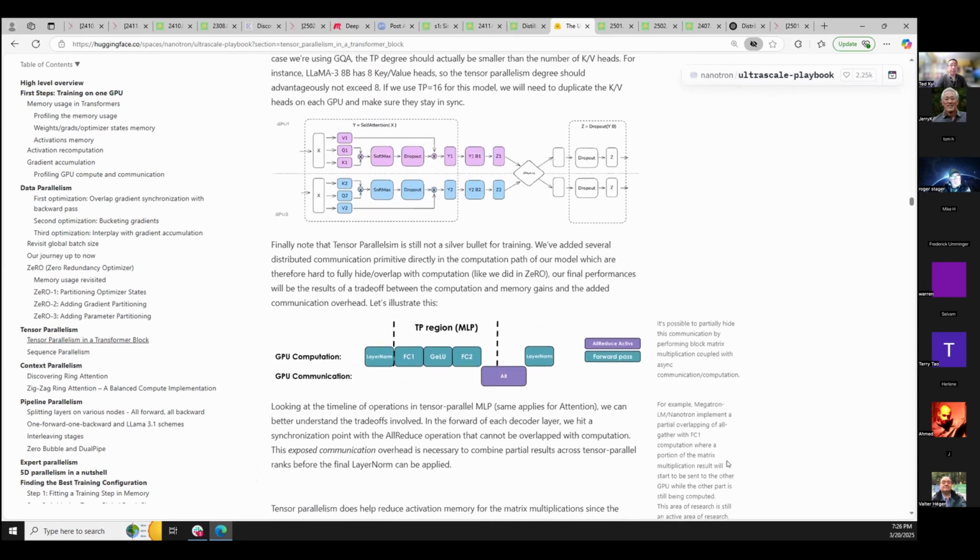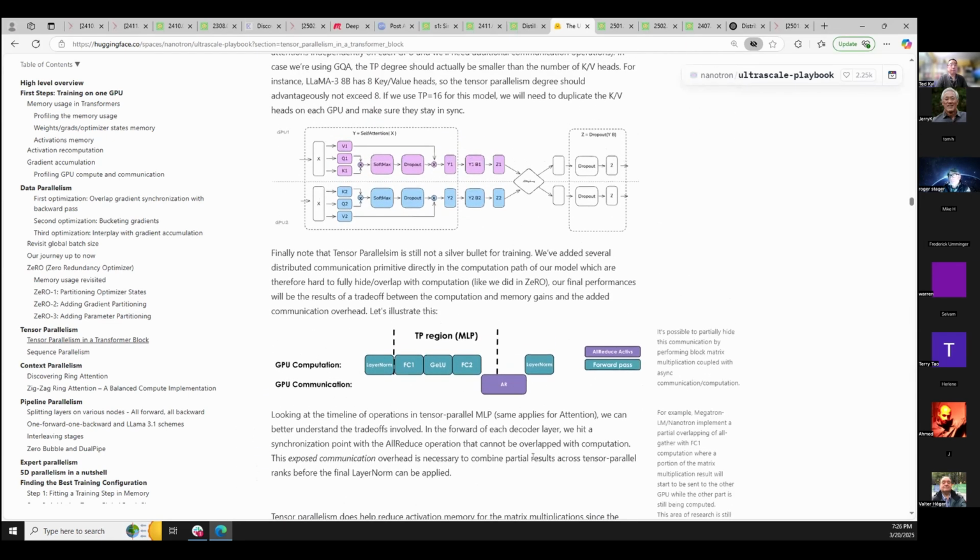I forget how they exactly transition here, but they say that note that tensor parallelism is not a silver bullet for training. We've added several communication steps directly into the computation path of our model.